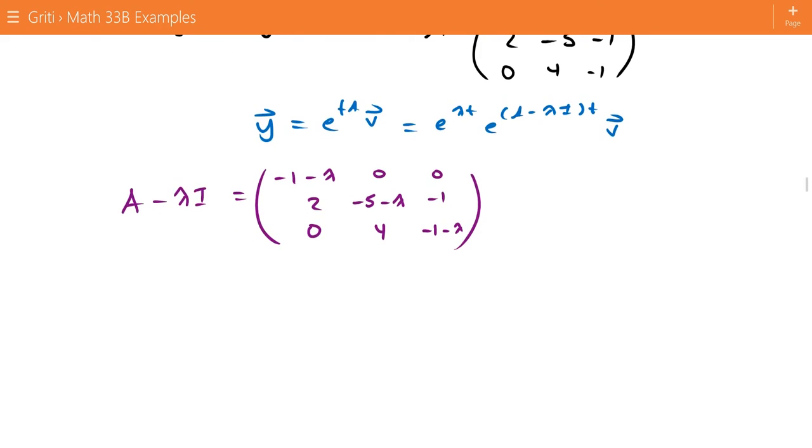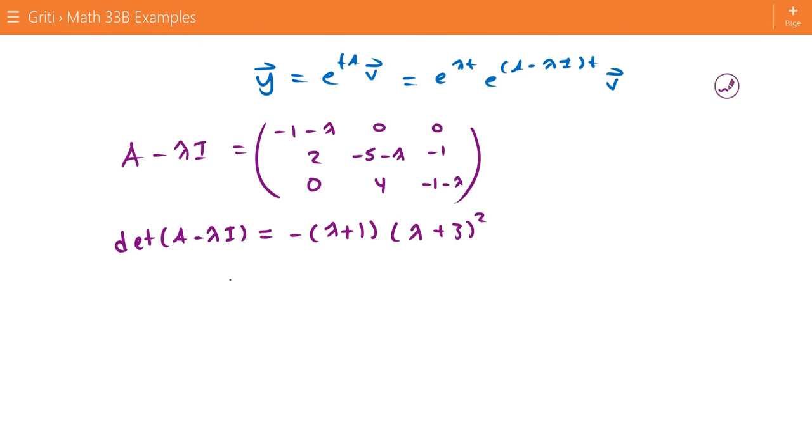If we find the determinant of this and go through some algebra, we'll end up with (negative lambda plus 1) times (lambda plus 3) squared.